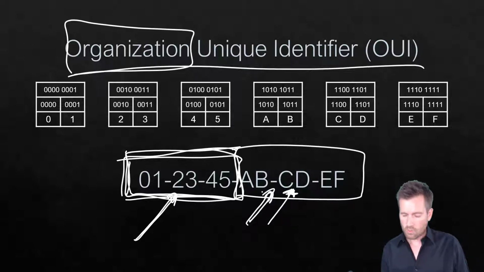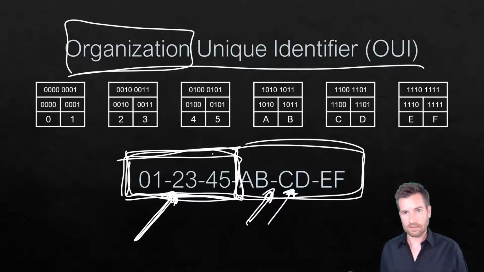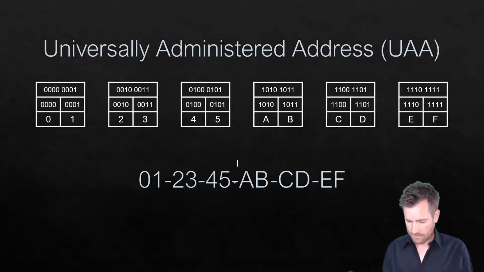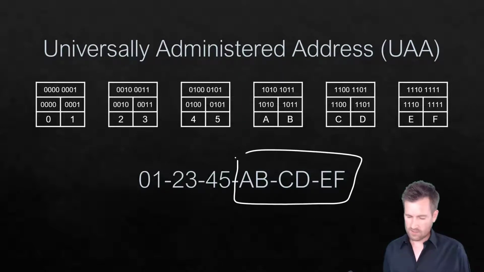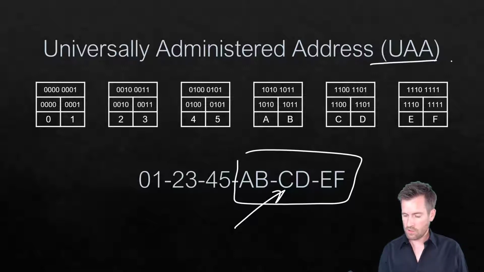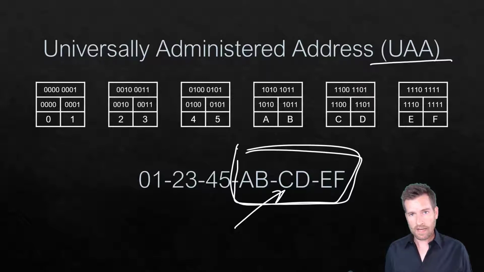When you run out, you would go back to that organization and ask for another OUI, so that you can continue manufacturing your equipment. And the second part of this series is called the Universally Administered Address, or the UAA. So the first part is the OUI, the second part is the UAA.